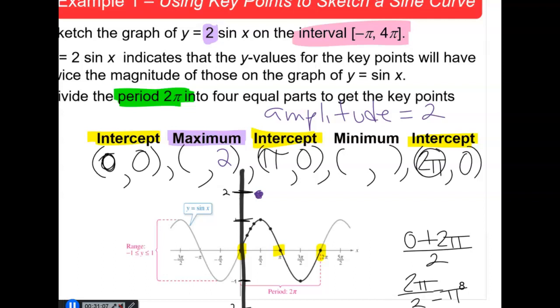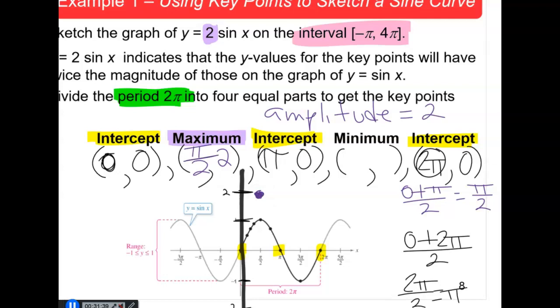So I'm going to take the average to find the middle point. I know this one is easy, but once we have horizontal shifts, you might have to actually calculate the midpoints by hand to be more precise. So in this case, it would be 0 plus pi divided by 2, and we know it's going to be pi over 2. So that will be the x coordinate here. Okay, so that will be the maximum.